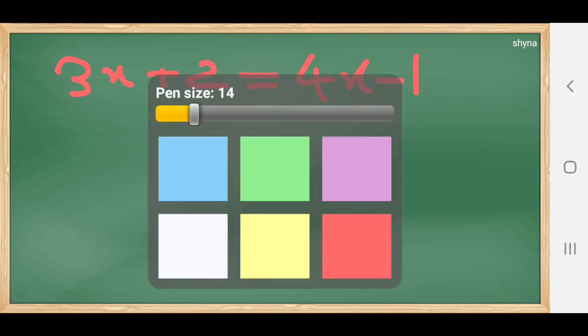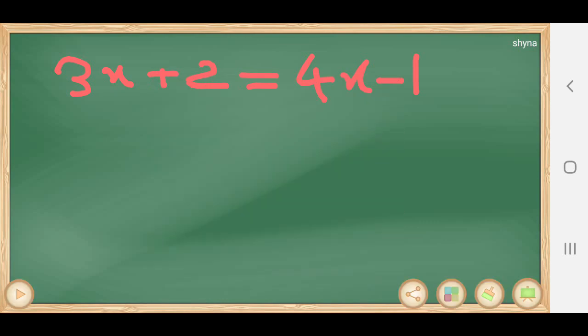Okay, our question: 3x plus 2 equal to 4x minus 1. First of all, you have to identify the variables. Here x, and you can see another variable x.